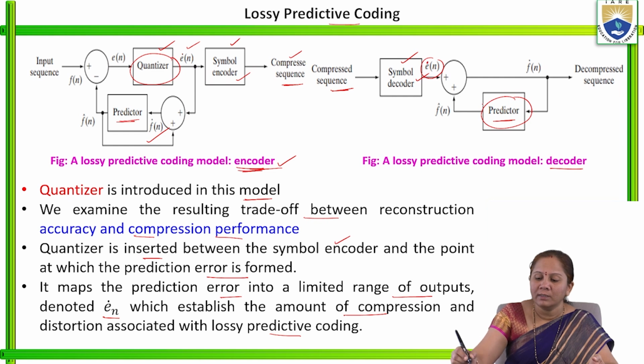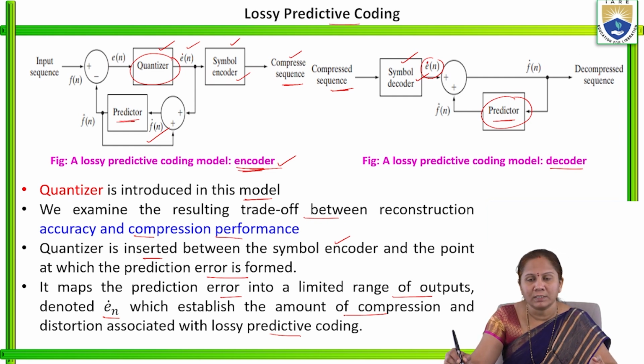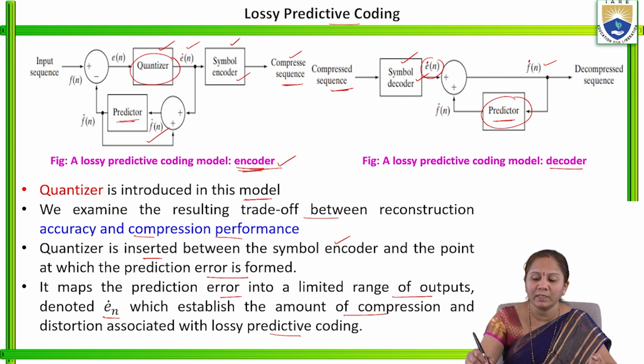Here the decompressed sequence, what we are getting as the output sequence, is indicated as f of n dot, and the signal that is coming from the predictor is indicated as f of n cap. So we have to write the relation now between this e of n dot, f cap of n, and the output f of n dot.